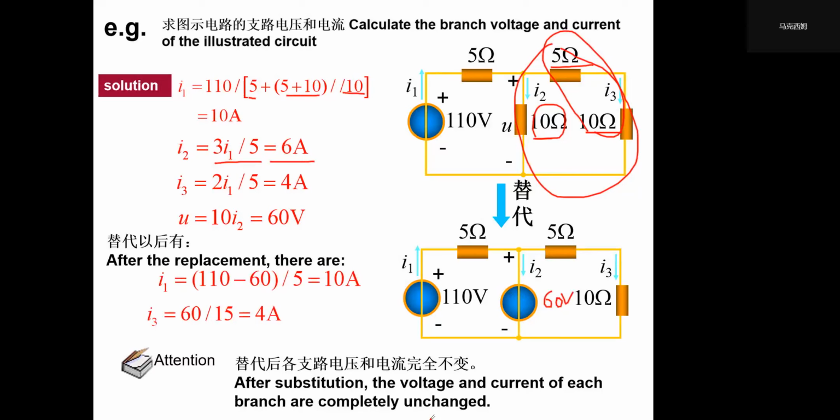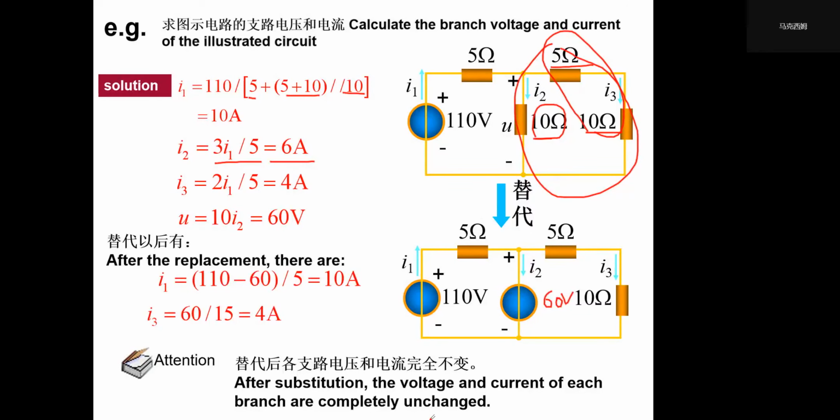It does not float, does not dance with the time. But if we're dealing with a dynamic circuit, this kind of a substitution method will not stand any longer, right? So be careful of the situation in which we could apply this trick.